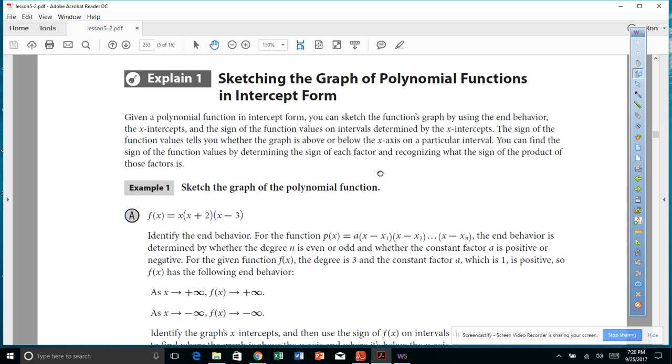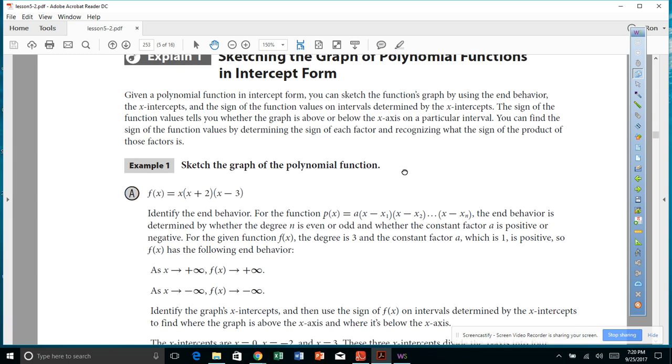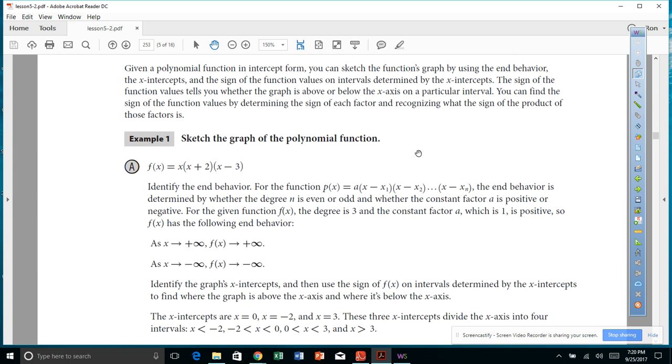Sketching the graph of polynomial functions in intercept form. Given a polynomial function in intercept form, you can sketch the function's graph by using the end behavior, the x-intercepts, and the sign of the function values on intervals determined by the x-intercepts. The sign of the function values tells you whether the graph is above or below the x-axis on a particular interval.